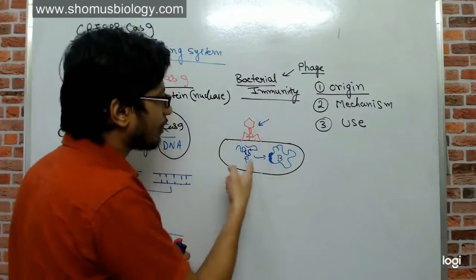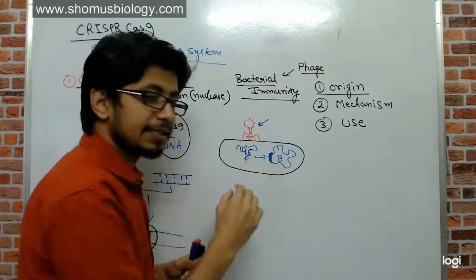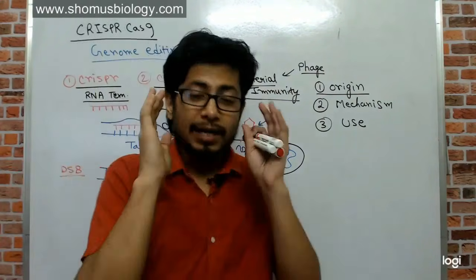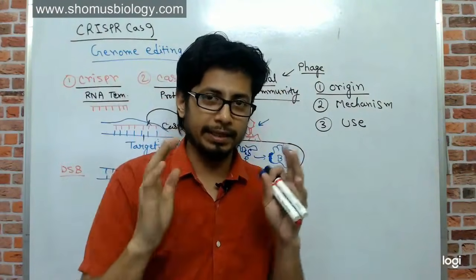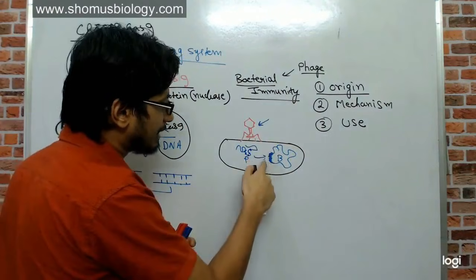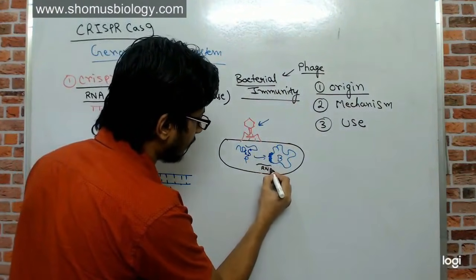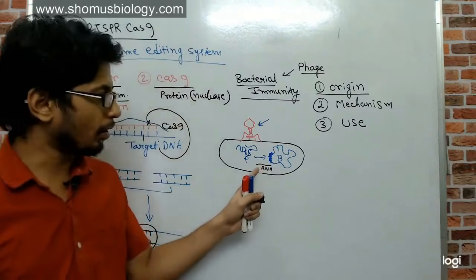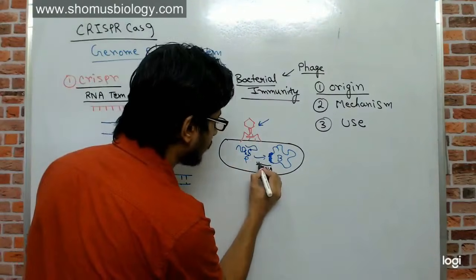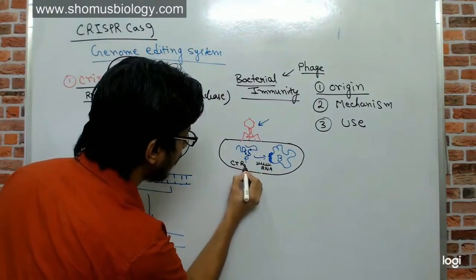So the next time, whenever the phage releases its genetic material, the bacteria already has that genetic material as a copy, as a memory inside of them. So what they can do is utilize that part of the DNA and produce an RNA copy, and this RNA copy will be termed the CRISPR RNA or cRNA.